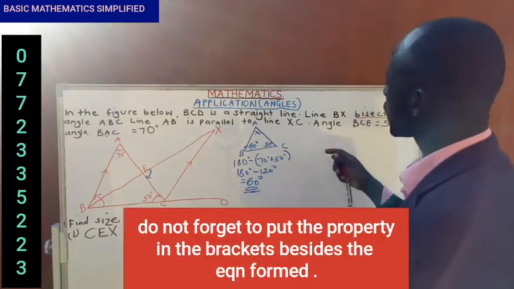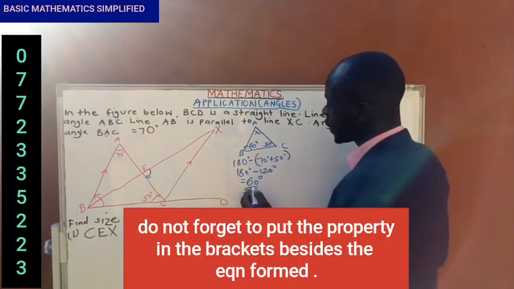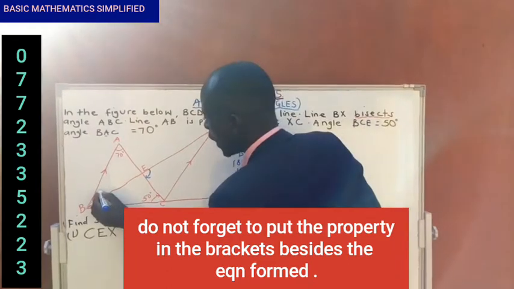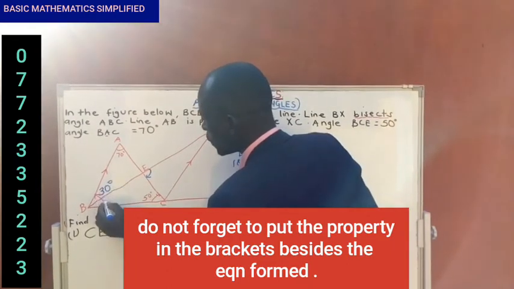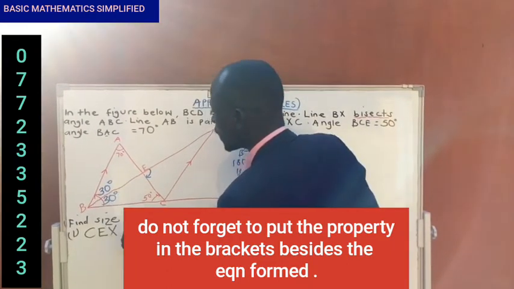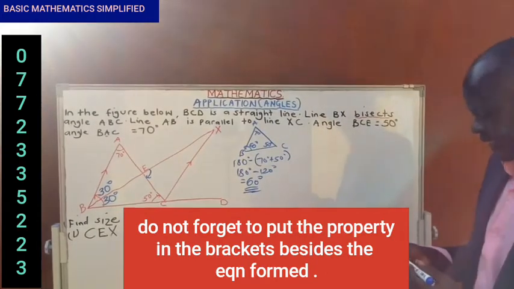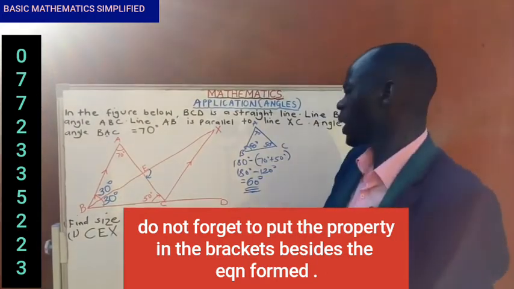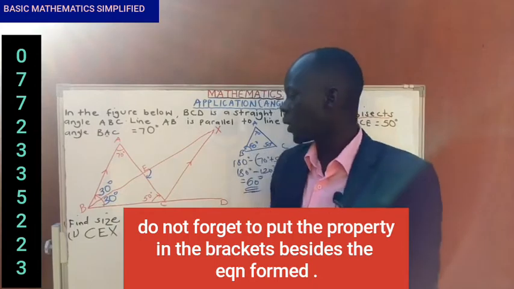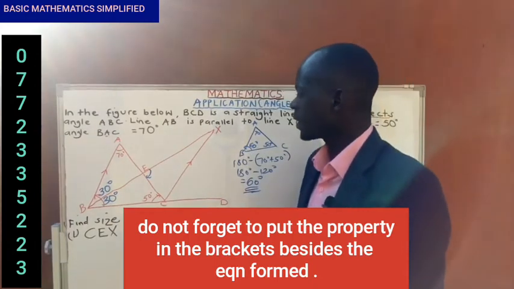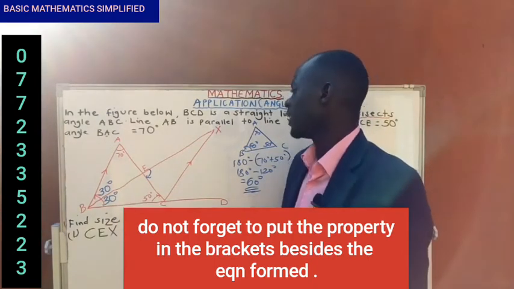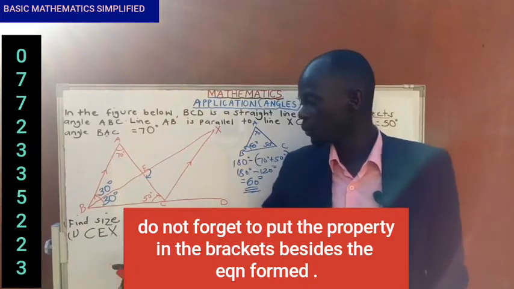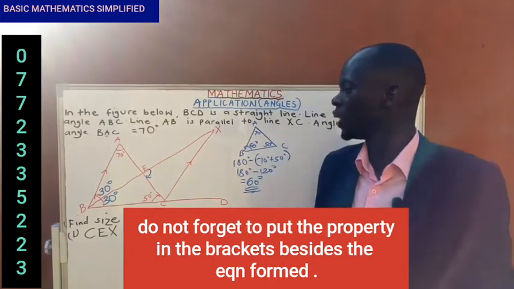If BX is dividing it into 2, 60 divided by 2, what do you get? Here you will have 30 degrees, here you have 30 degrees. Very simple. We are moving on to the route of getting angle CEX.